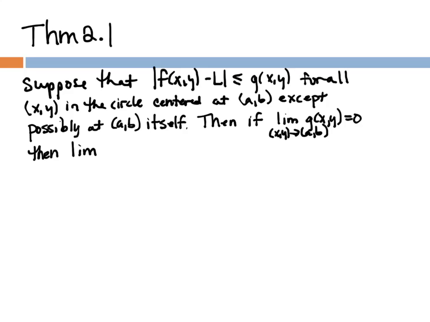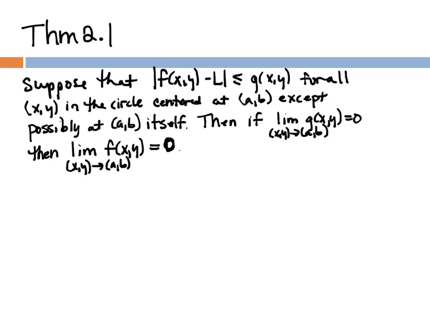Then the limit of f(x,y) is going to be 0. This is a very practical point to make. It really follows straight from the definition 2.1 that we already did before.